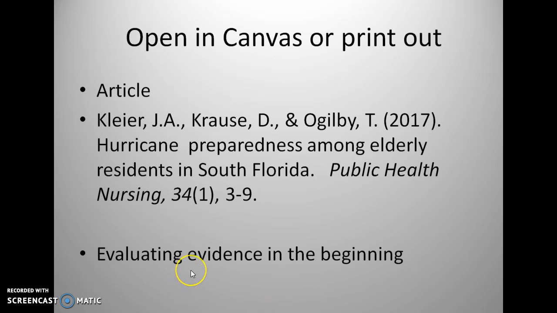And then also have open the Word document of evaluating evidence in the beginning. The reason I say in the beginning is because you guys are baby DMPs, and you're just being reminded in this class of research and how to critique research. In other classes I've had, people often have had a master's degree, and if you do have a master's degree already, perhaps your strength in evidence critique is stronger.